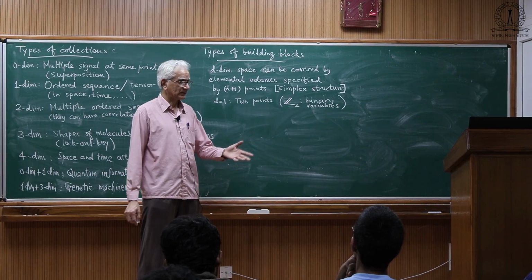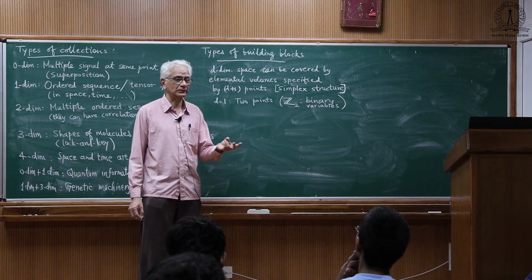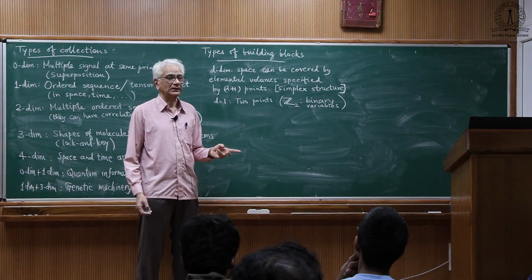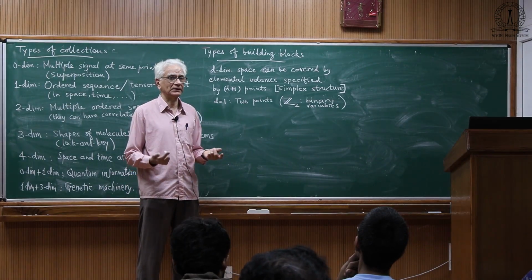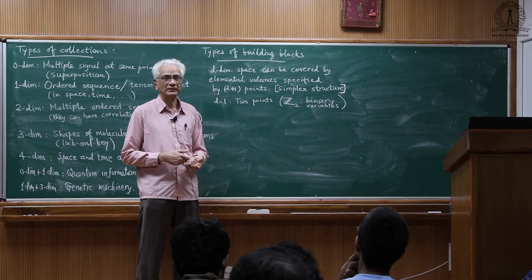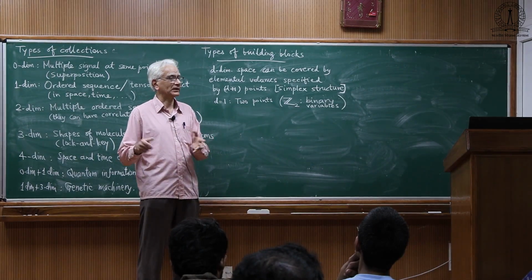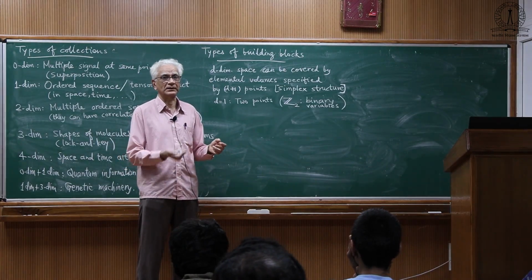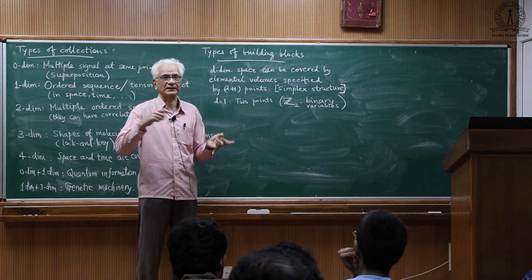So in our electrical circuit, the 2 points can be off and on. If you are talking about magnets, you can call it up and down. If you are talking about polarization, then you can call it horizontal and vertical, or left and right.